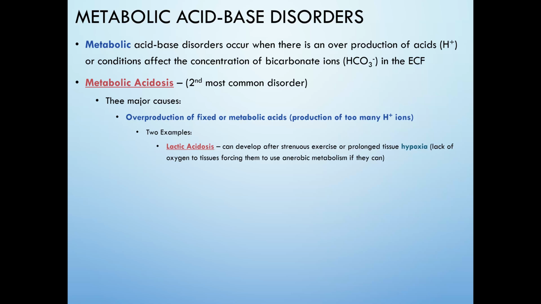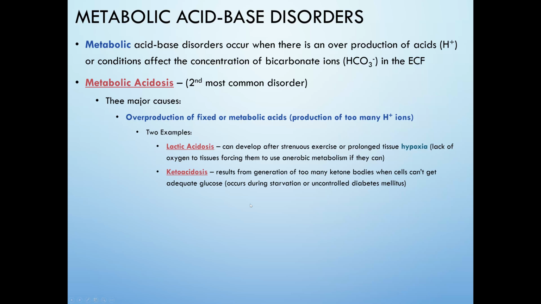But a byproduct of anaerobic metabolism is lactic acid. And lactic acid is an acid, so it adds hydrogen ions to the body fluids. So a lot of times with cases of the acute respiratory acidosis, you can also get secondary metabolic acidosis because when the person is not breathing, they also have hypoxia going on, which is also increasing levels of lactic acid in their bloodstream.